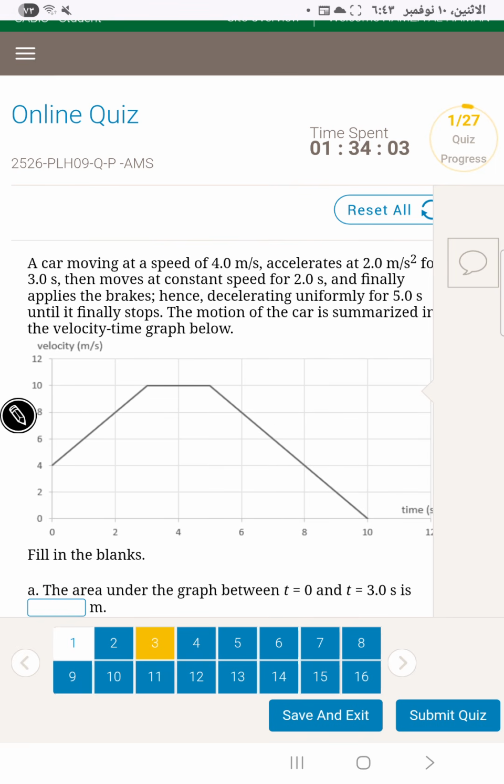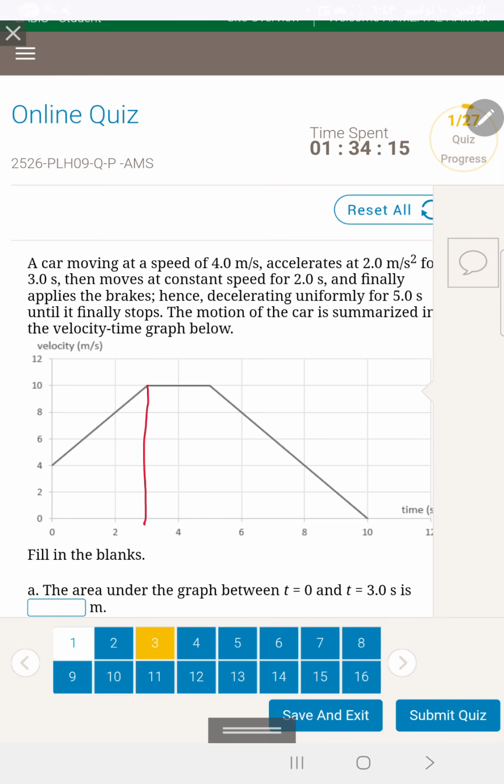So in order to find the area here, we can divide it into two trapeziums. So let me draw this line like this. Now here you have two trapeziums, area 1 and area 2. Now for area 1, as we said in the previous question, base 1 plus base 2 over 2 times height.